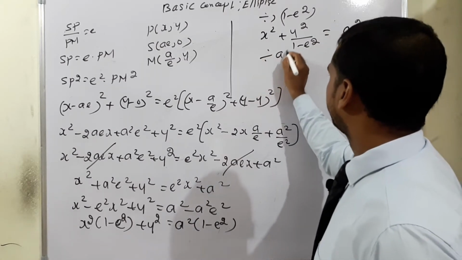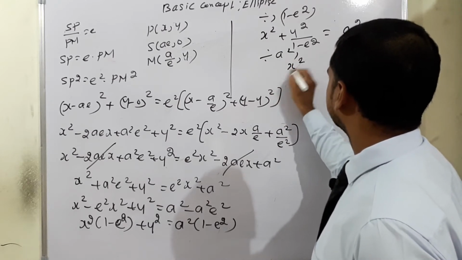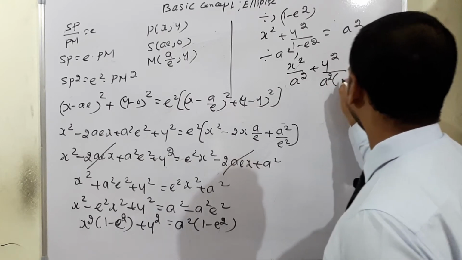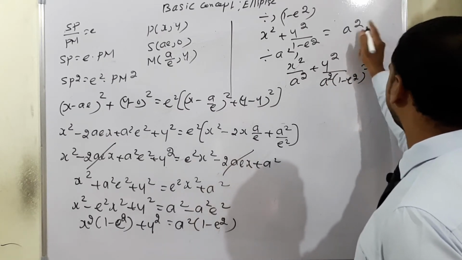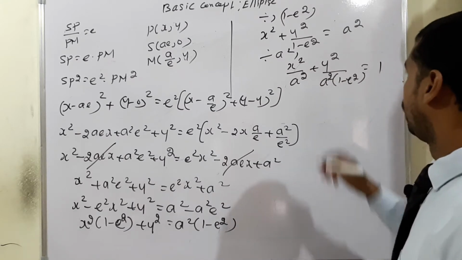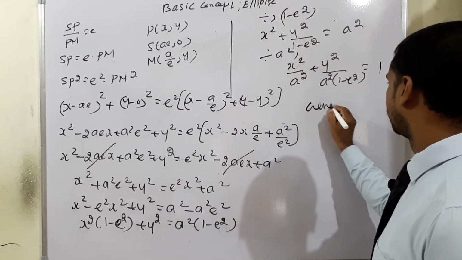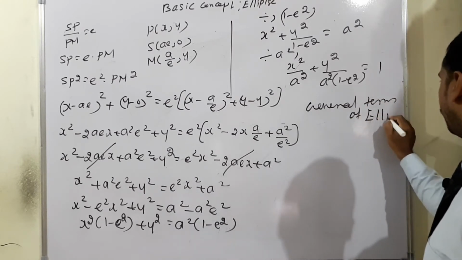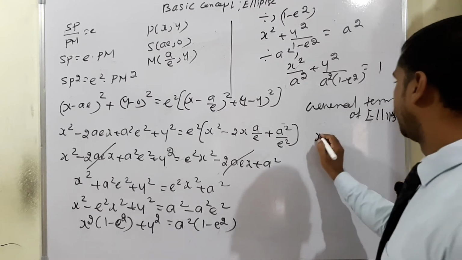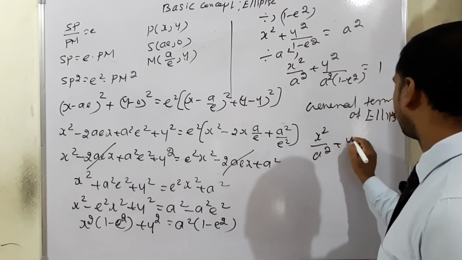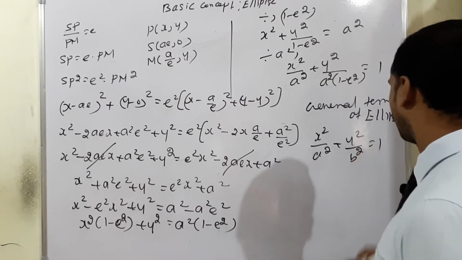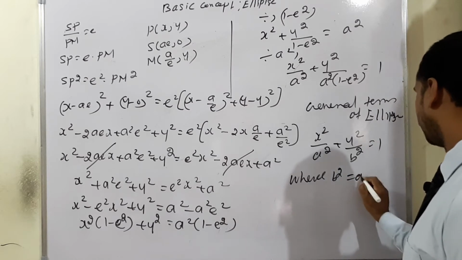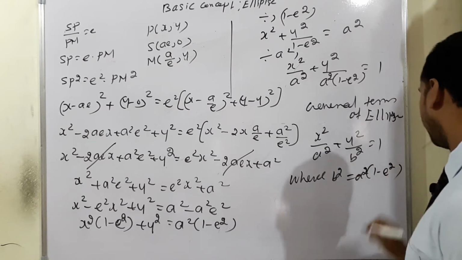Next step, also divide by a square. What will happen? x square by a square plus y square by a square into 1 minus e square. Again a square divided by a square means value will be 1. Therefore the general form of ellipse, the main condition: x square by a square plus y square by b square is equal to 1, where b square is a square into 1 minus e square.